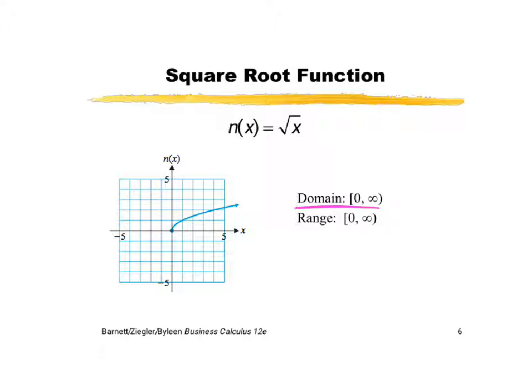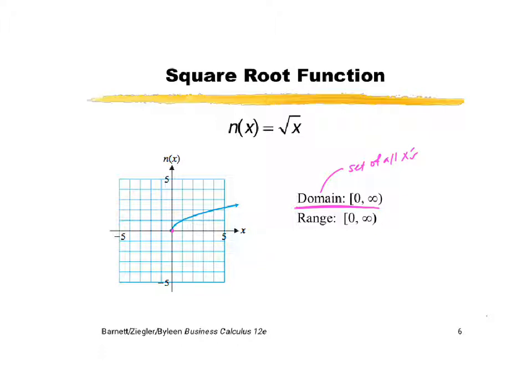We'll do the domain in fuchsia. Here, my graph starts, and since the domain is the set of all x values, or first coordinates, in this case we're thinking of it in terms of x.